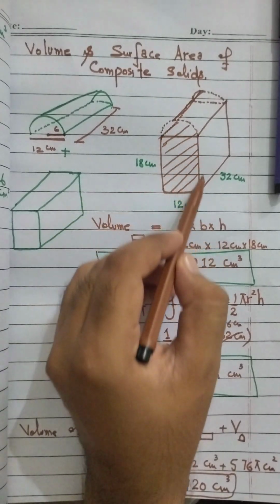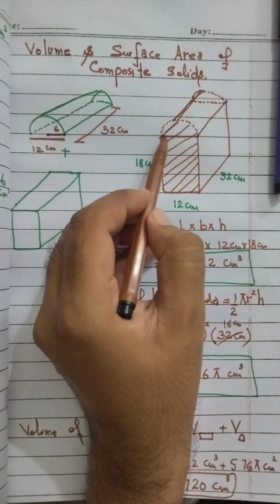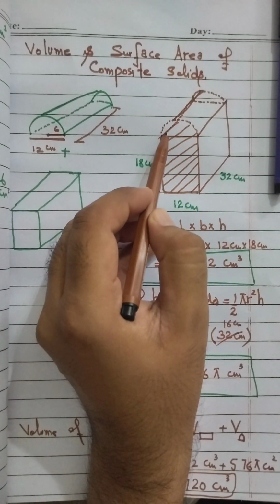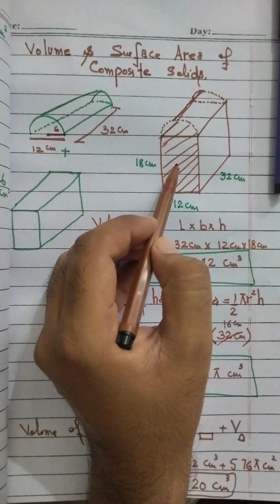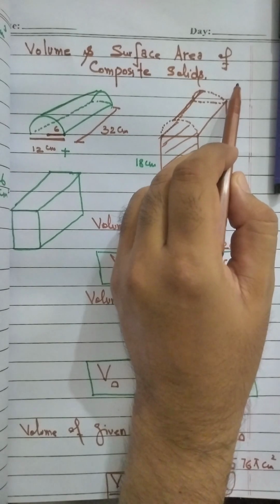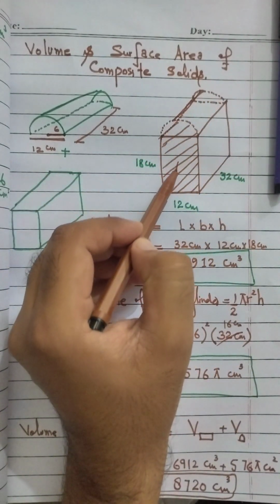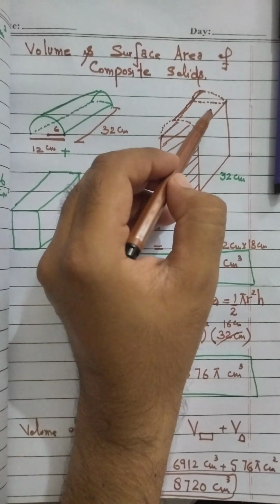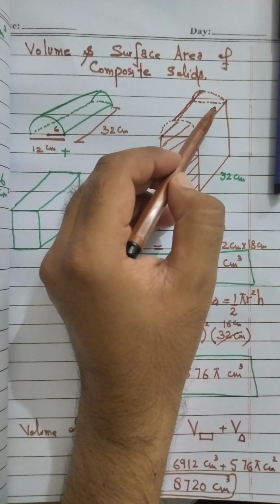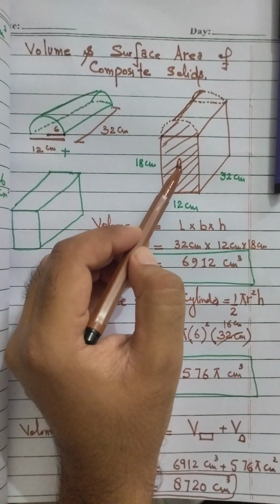It includes one rectangle plus this half circular face. It is not only here, it is also on the other side of that solid. So if we consider it A, then there is another A on the back side. It means we have 2A regions.